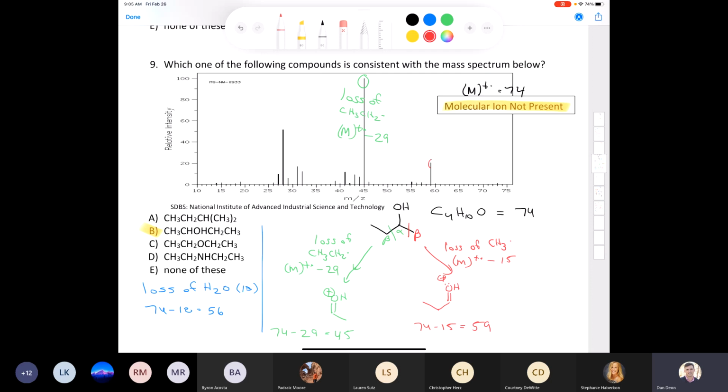Well, look, we have a peak here at 59, loss of the methyl radical, which is the molecular ion subtract 15.